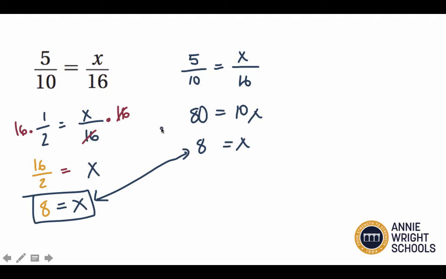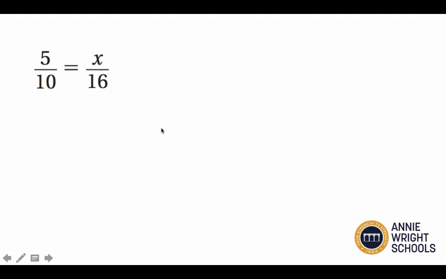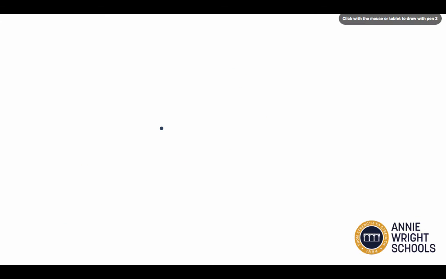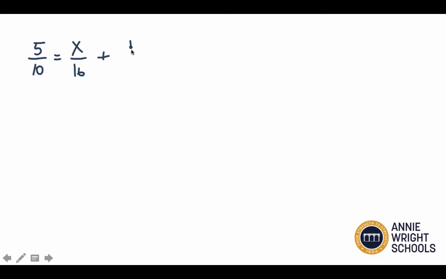But the reason I don't teach cross multiply divide would be this. If I told you 5 over 10 equaled x over 16 plus 1/2, now you can't cross multiply and divide. You could get a common denominator over here, simplify, then cross multiply and divide, but that gets harder.